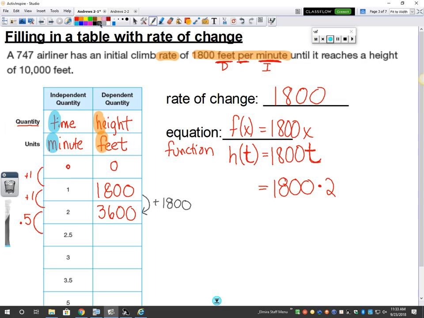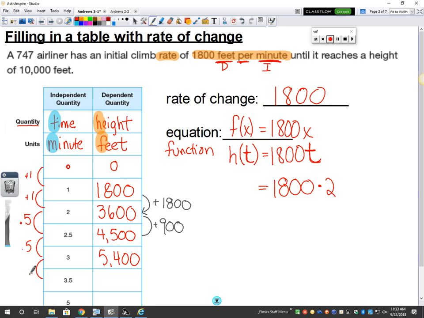If we only went up half as much, that would be adding 900. So adding 900 would be 4,500. And then we went up by a half again, so we're going up by 900 again, and that would be 5,400.